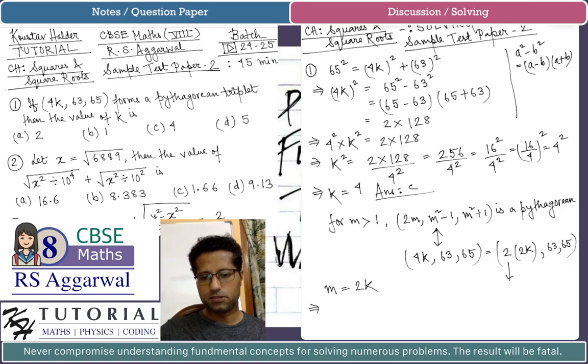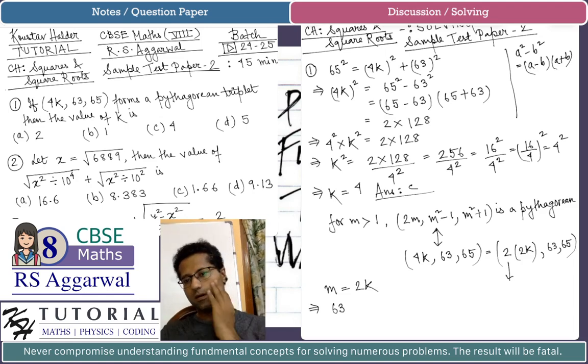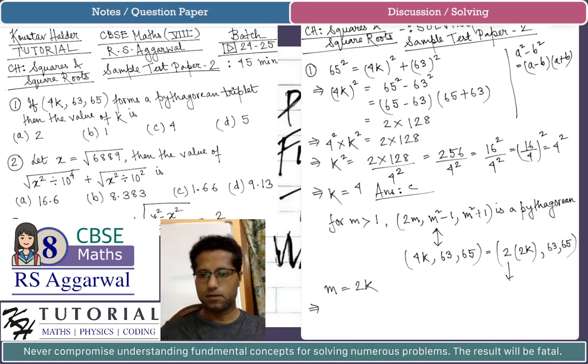This implies m will be 2k, and since the second term is m square minus 1, that has to be equal to 63.